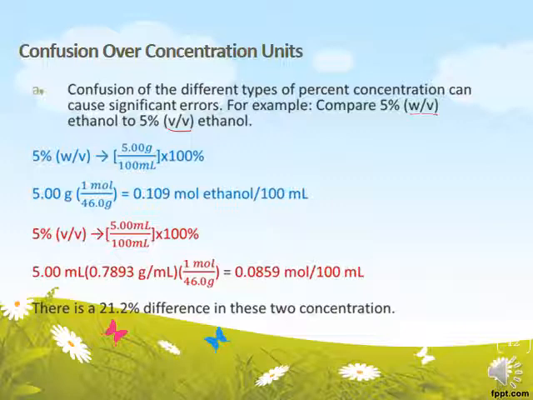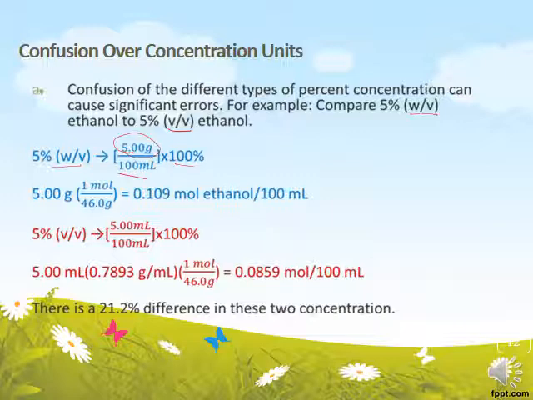It looks the same, but it is not in terms of strength. Now, the first one is 5% weight over volume. By definition, it means 5 gram of the ethanol in mass over 100 ml of solution times 100.